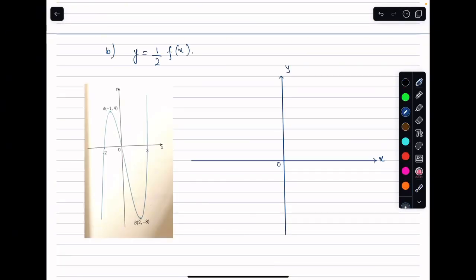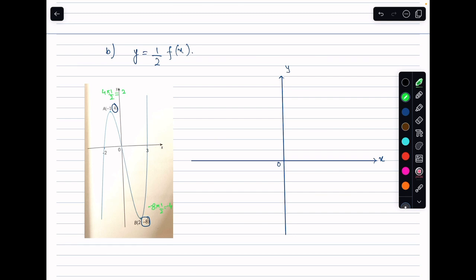Here the roots, obviously, are not going to get affected. But this 4 and this negative 8 should get multiplied by 1/2, meaning 4 times 1/2 gives a positive 2, and negative 8 times 1/2 gives a negative 4.